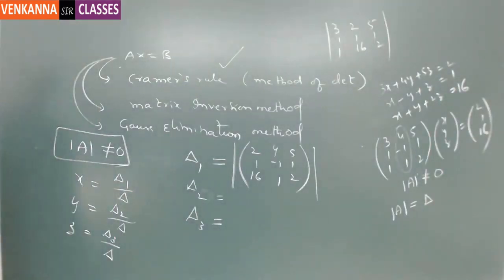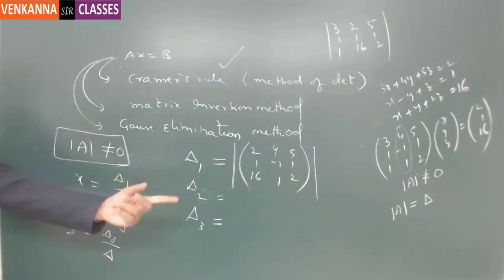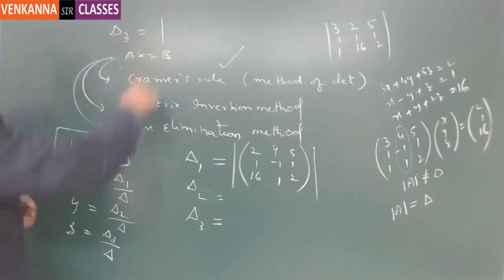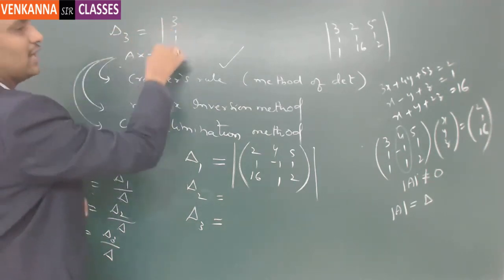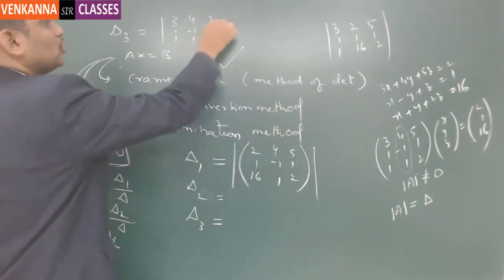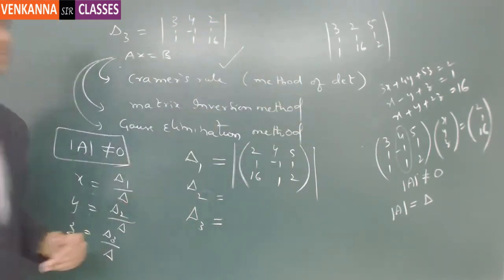Similarly, delta 3 is nothing but third column is replaced with the constraints column. First and second are taken as it is. So delta 3, if you want to write, determinant of 3, 1, 1, 4, minus 1, 1, 5, 1, 2 with the third column replaced with 2, 1, 16, and you evaluate the determinant.